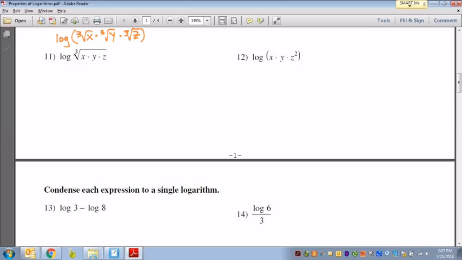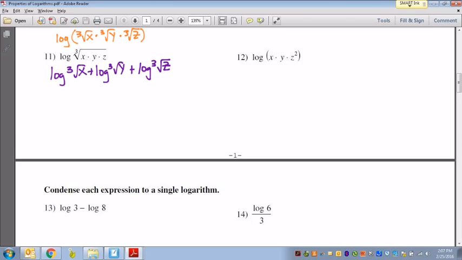I can break it into three. Now, obviously, you could say that means I can write log cube root of x plus log cube root of y plus log cube root of z.